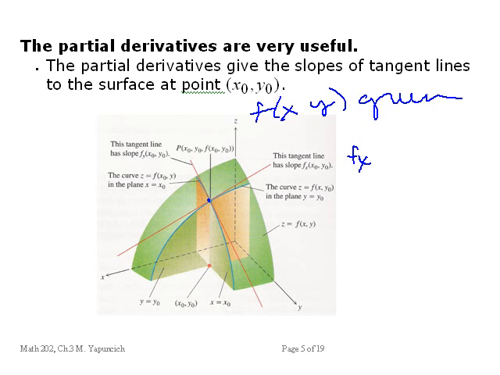And now looking the other way, you have the partial with respect to y. If you drew a tangent line through that derivative, use that derivative to create a tangent line, that line is parallel to the y-axis. Well, its projection is parallel to the y-axis.